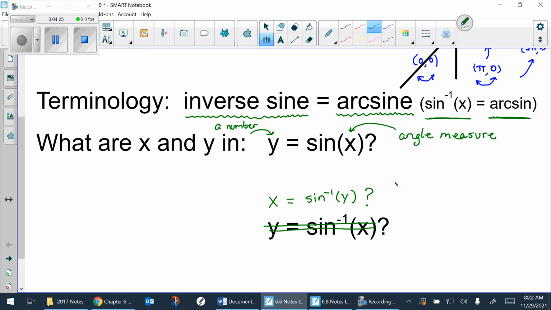Well, the sine inverse of a number is equal to an angle measure.